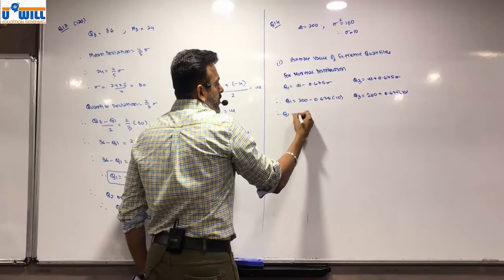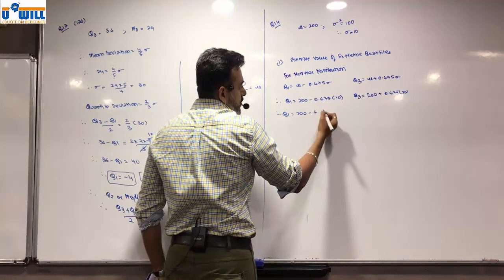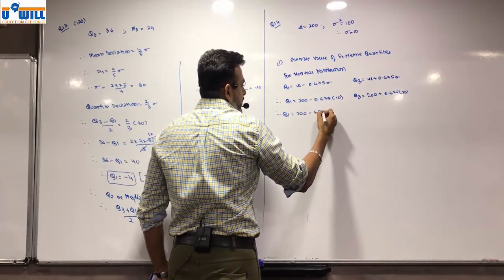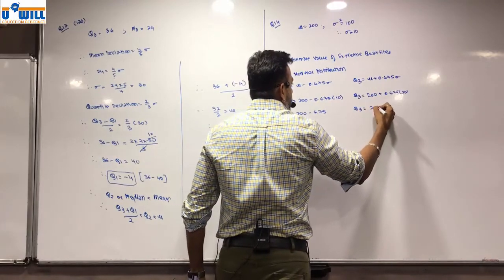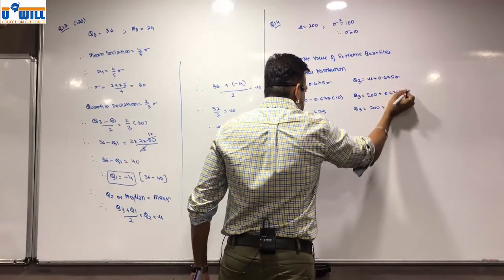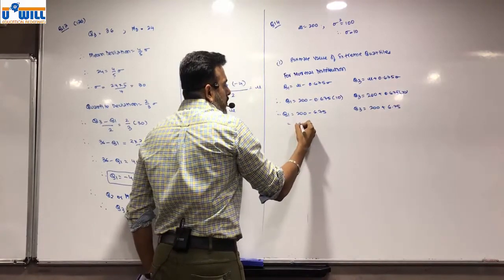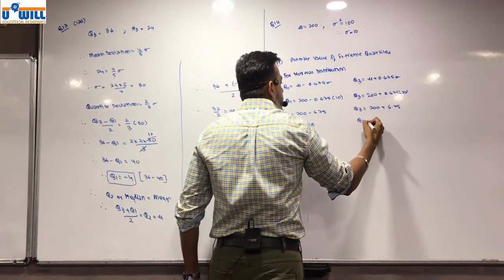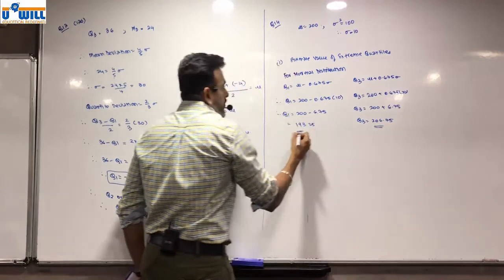Therefore, Q1 is equal to 200 minus 6.75, and Q3 is equal to 200 plus 6.75 is equal to 193.25, and Q3 is equal to 206.75.